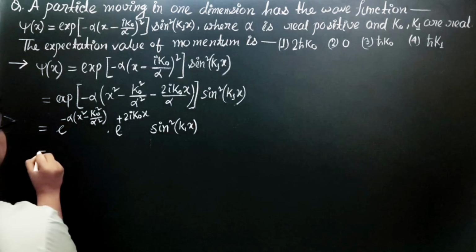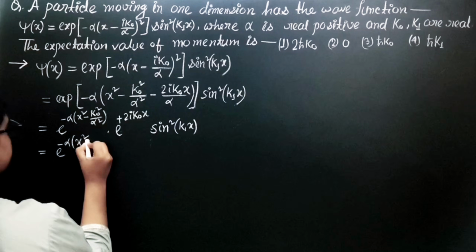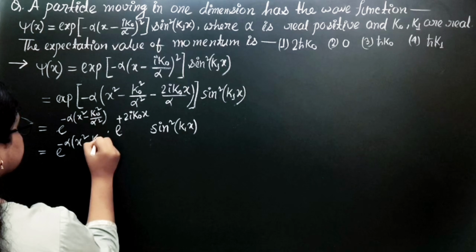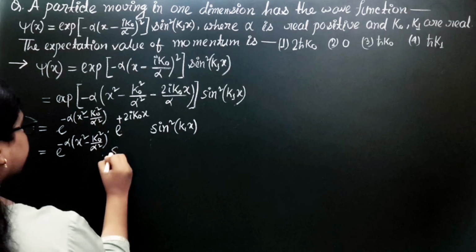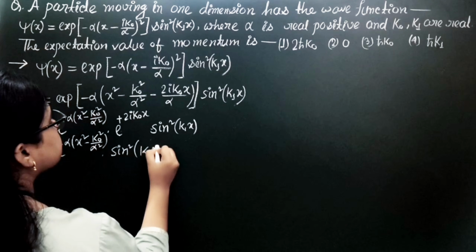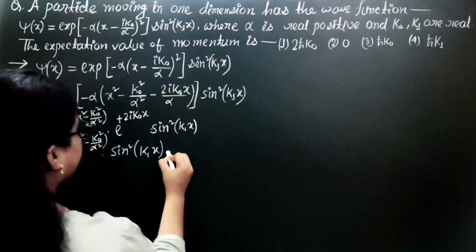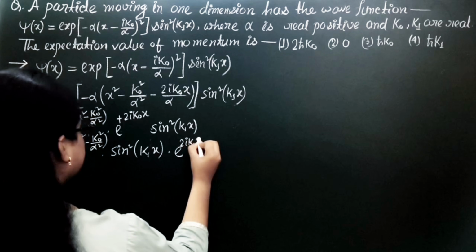We can write it as this: e to the power minus alpha (x square minus k naught square by alpha square) sine square k1 x, and e to the power 2i k naught x.